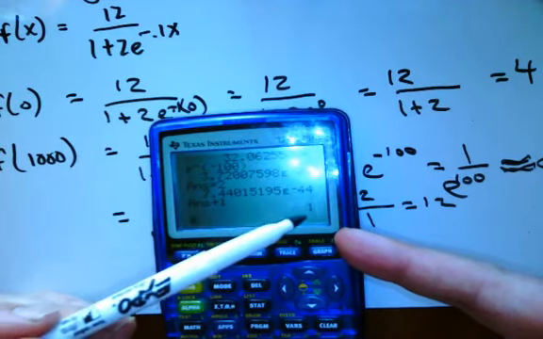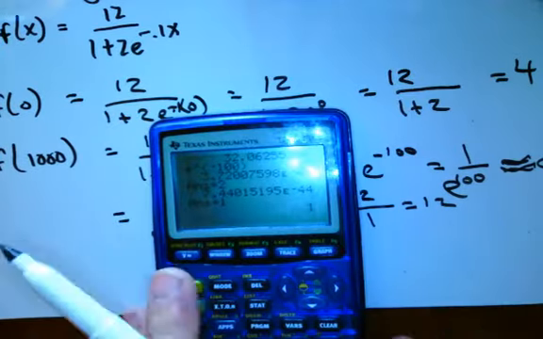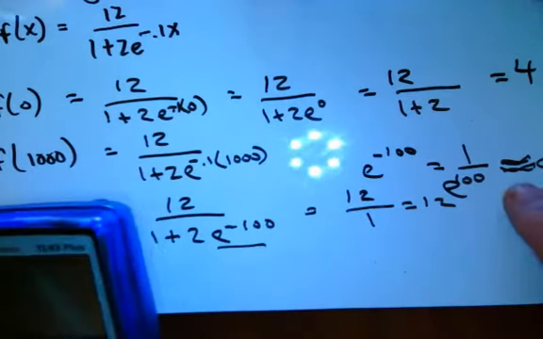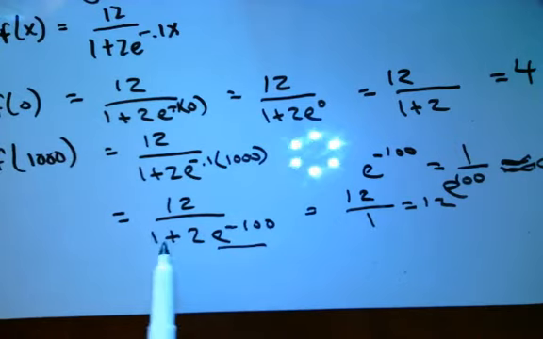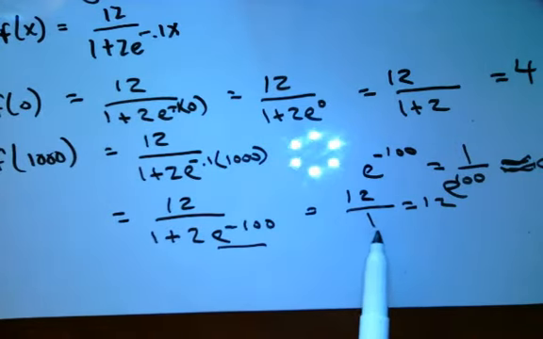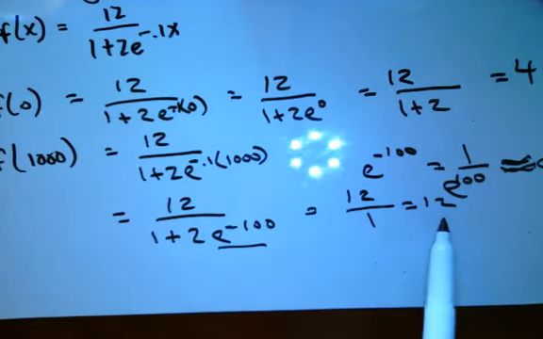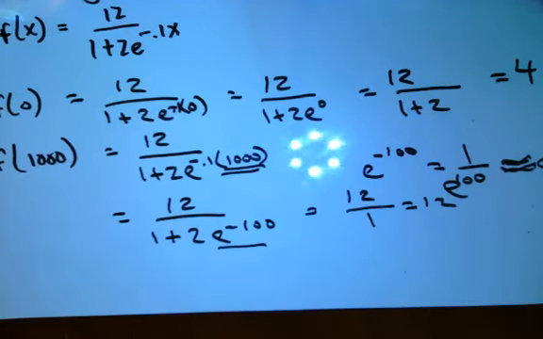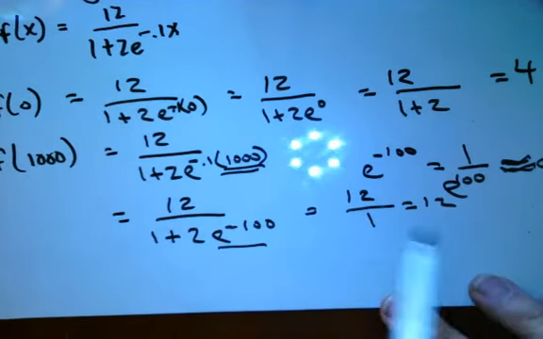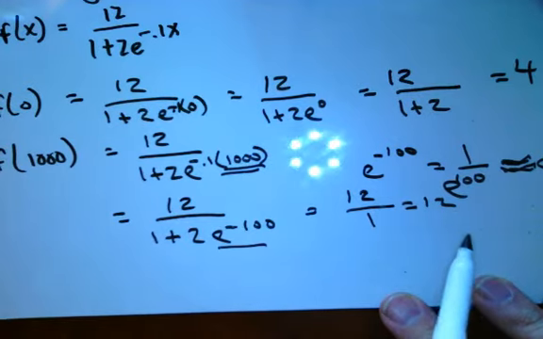Oh, well look, my calculator says that when I add 1 plus 7.4 times 10 to the negative 44th, I'm really getting something pretty close to 1. So this is all but 0, and so my denominator just becomes 1, and so I end up with 12.